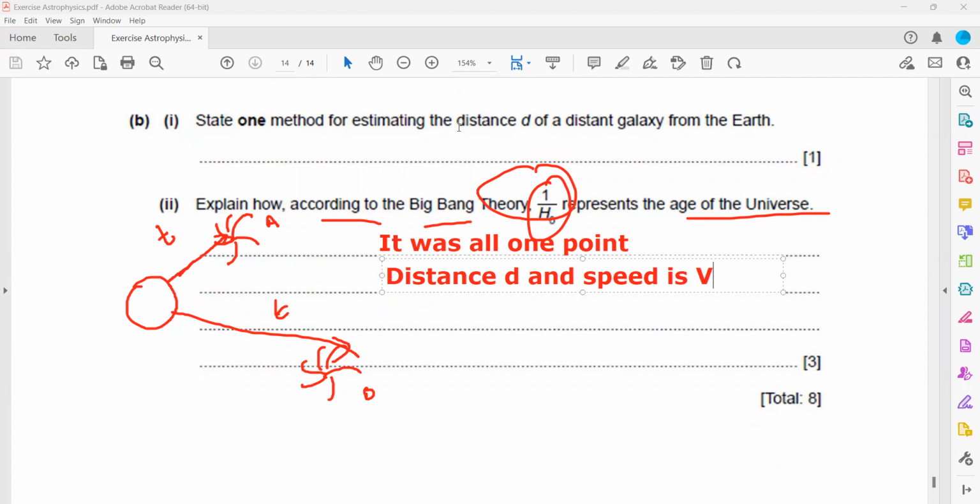Using v over d, we get the Hubble constant, and from the reciprocal of the Hubble constant, we get the age of the universe.